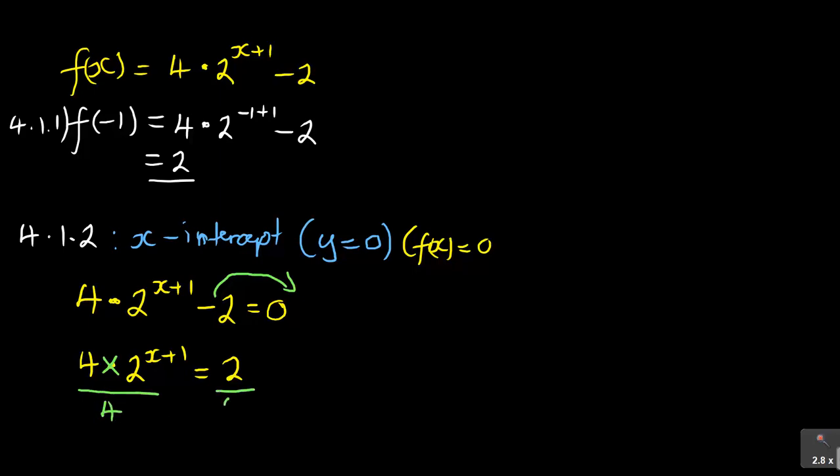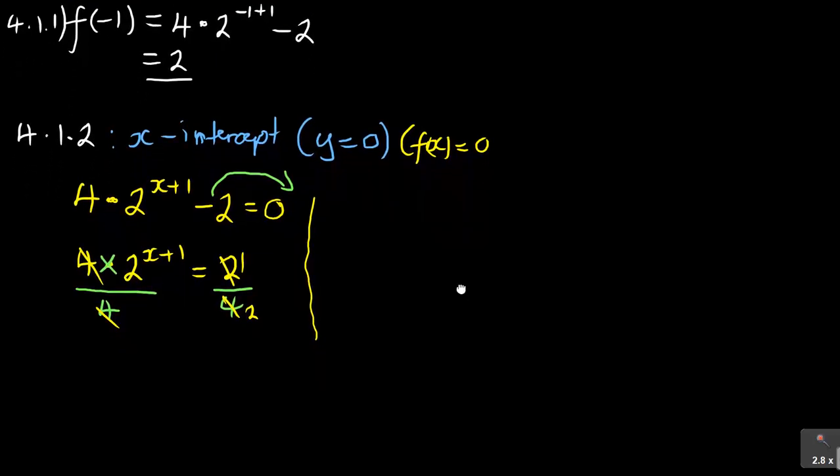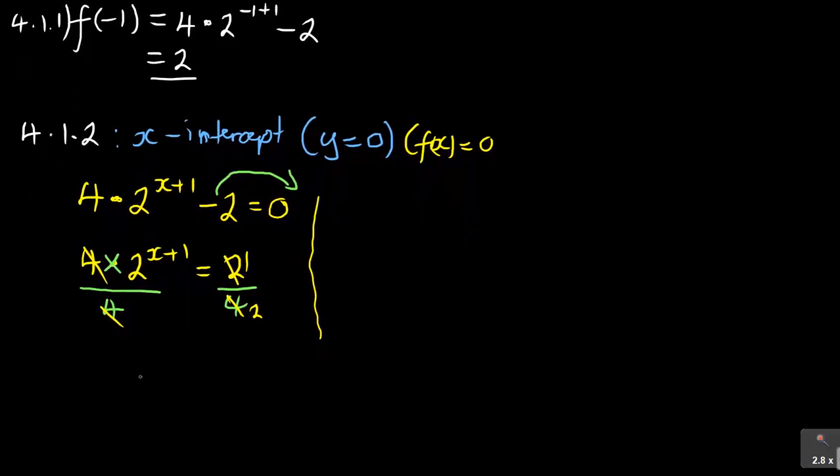So 2 over 4 is a half. What you'll be having here is 2 to the power of x plus 1 is equal to 1/2. And we have to solve for x.